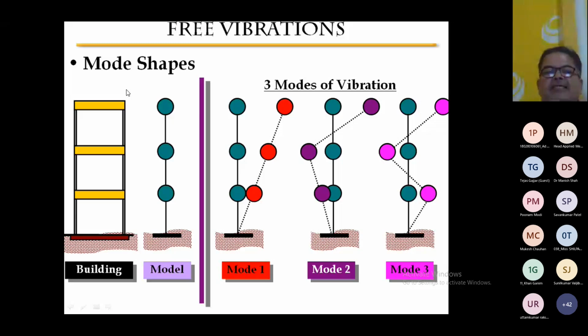The mode shape is nothing but the deformed shape of the structure, right? Because your structure is vibrating, and it depends on the applied frequency, because your system has its own frequency, right? Now what is the applied frequency? On the basis of that applied frequency, your system is going to vibrate, right?